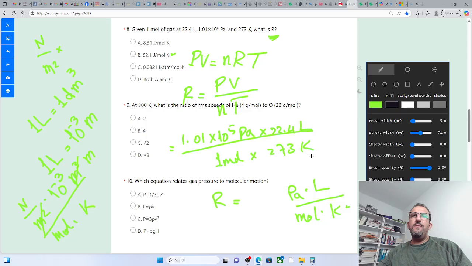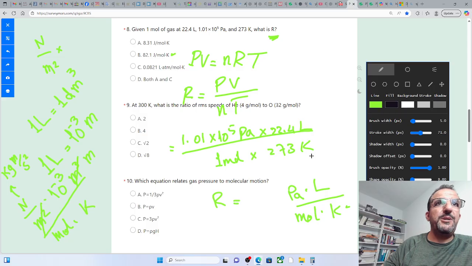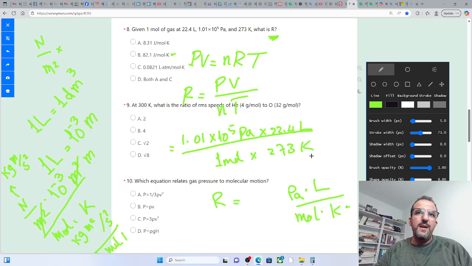And Newton is kilogram meter per second squared. Kilogram meter per second squared times meter gives kilogram meter squared per second squared, divided by mole Kelvin.